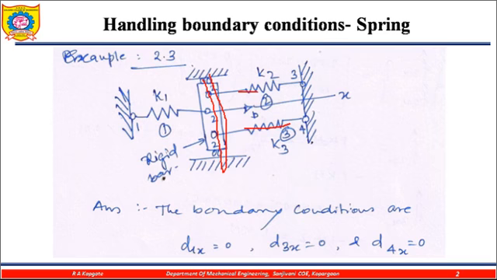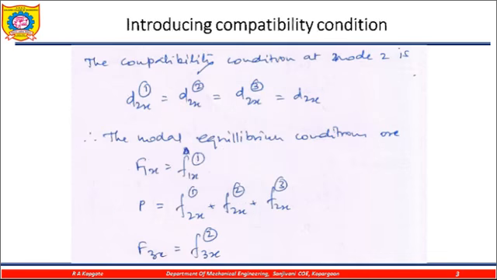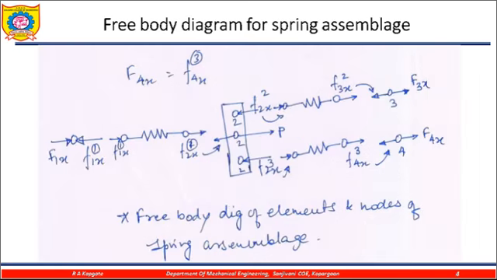So the compatibility law is satisfied, and the nodal equilibrium conditions are also satisfied, meaning f1 of element 1 is equal to f1, while P is equal to f2x of element 1, f2x of element 2, and f2x of element 3, and f3x is equal to f3x.